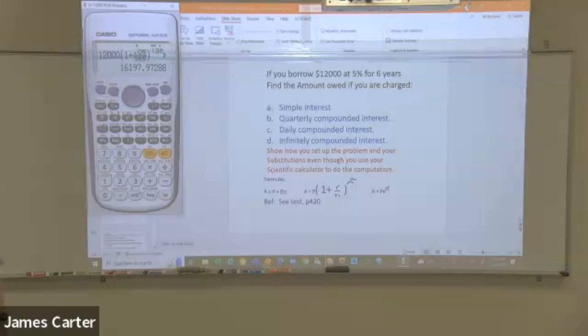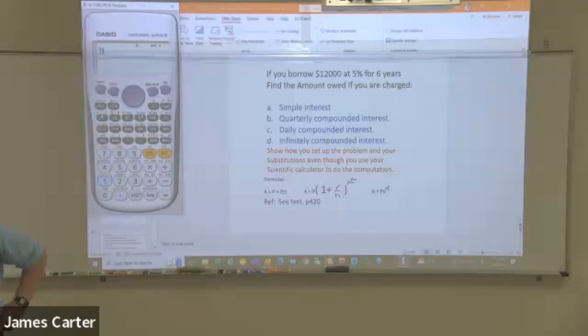Okay, now let's go to the continuous. So I'll clear this out. 12,000 times E to the power of... What in the heck did I do here? I don't know what I did. I hit a wrong key somewhere.